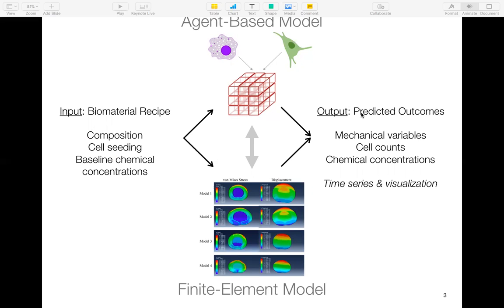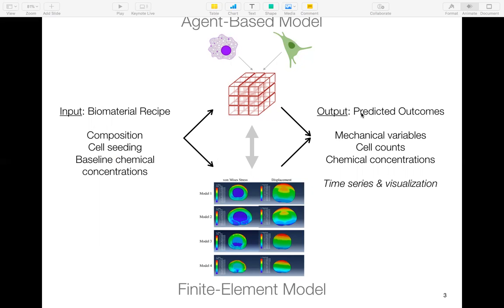The outcomes include mechanical variables of the biomaterial, such as stiffness or porosity, cell populations, and chemicals that, for example, could be produced by those cells, like growth factors and other mediators.